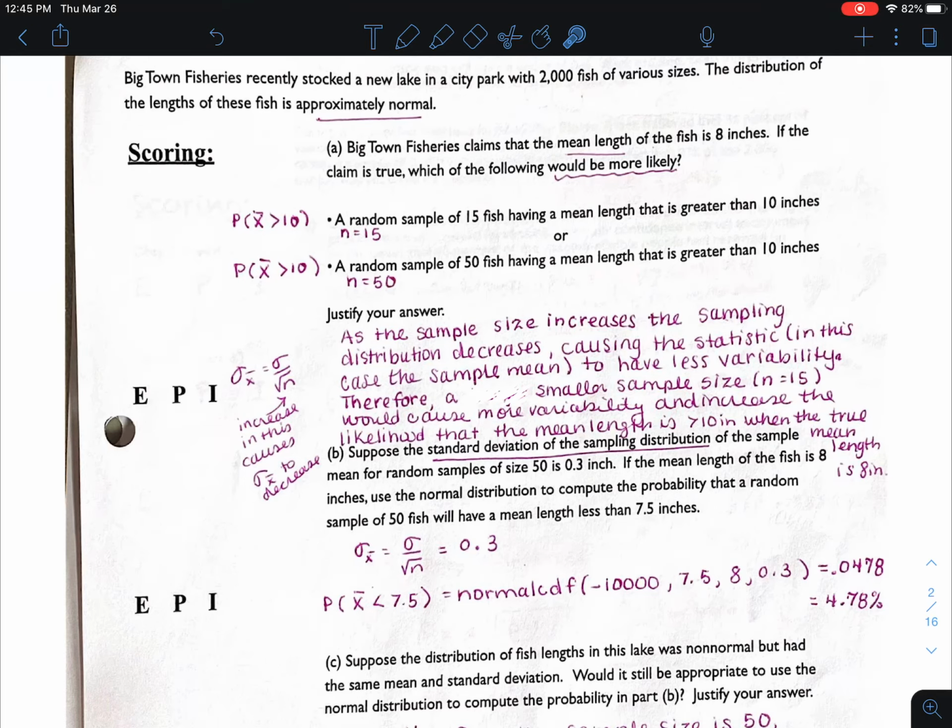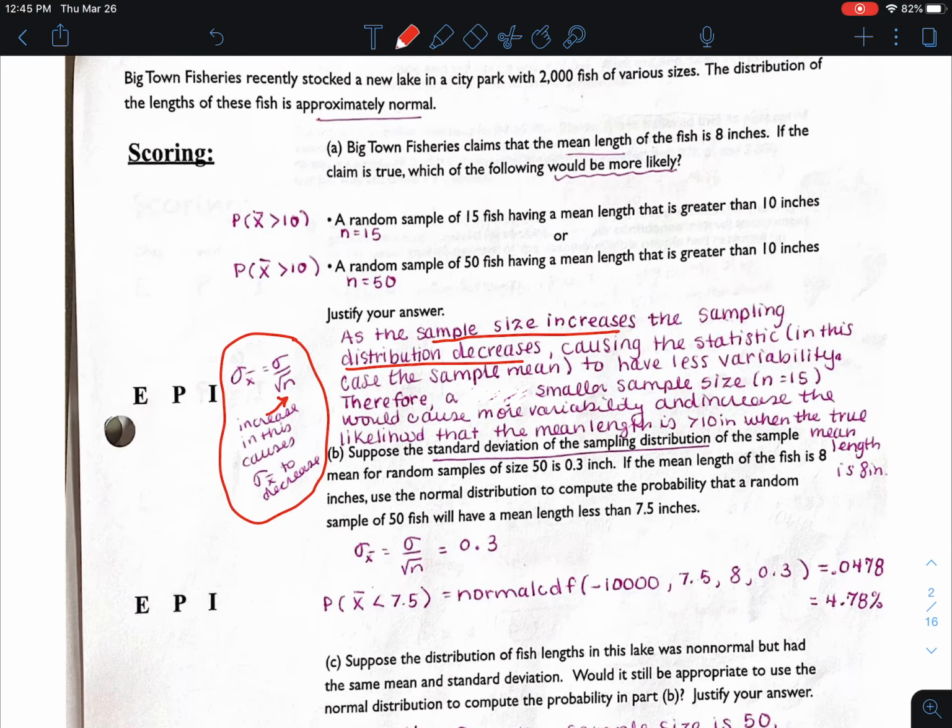Okay, now the key with this is recalling that this is the formula for how you get the spread of a sampling distribution, which is when we're talking about taking samples, calculating their average, putting those averages on a dot plot.